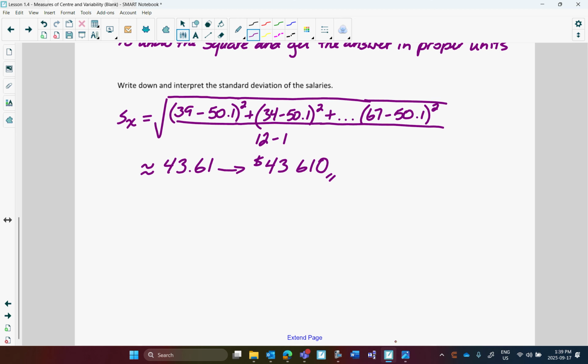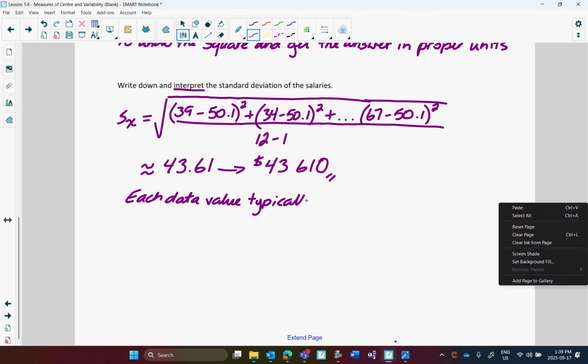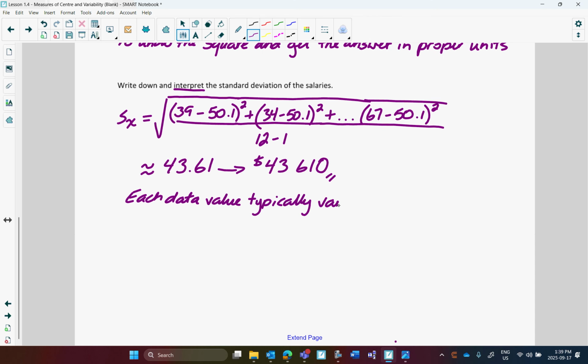So the typical distance, and I'll write this too: each data value typically varies by $43,610 from the mean.